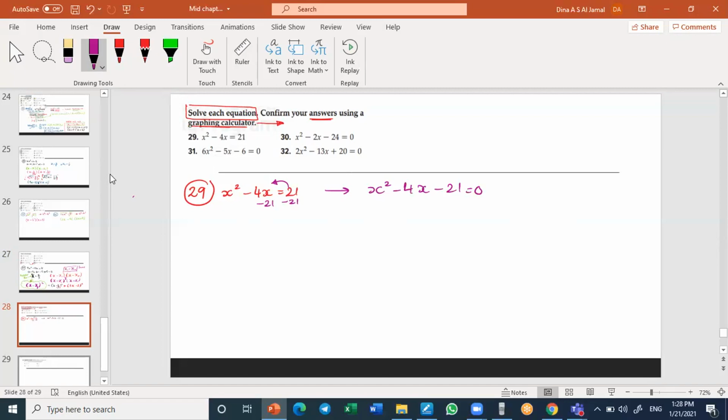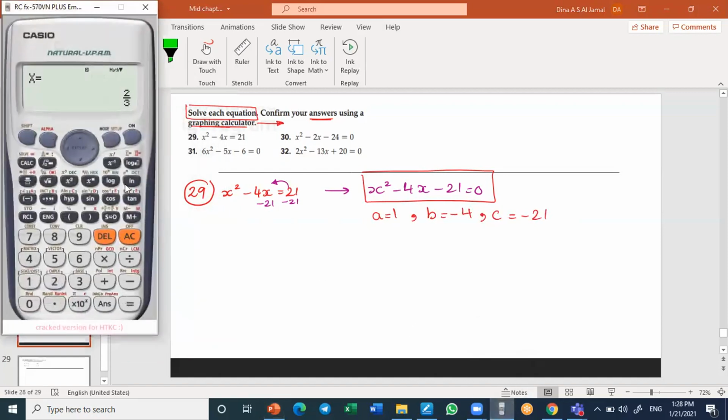Now, using the calculator method that I was always telling you, you get your solutions or roots directly. Just press mode 5 3 and put in your coefficients. So a is equal to 1, b is equal to minus 4, c is equal to minus 21. Great. Now let's go to the calculator.